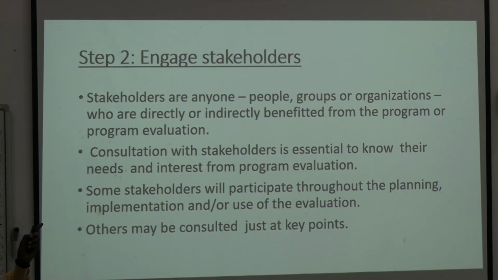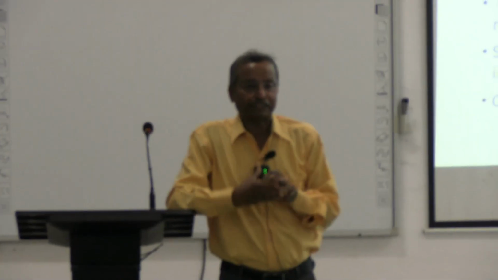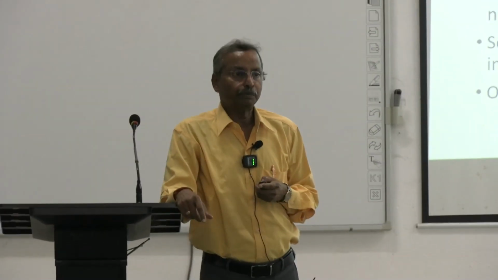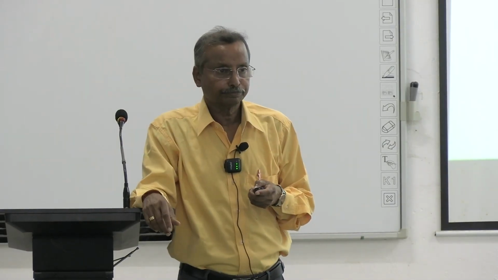You have to engage the stakeholders. Unless you engage them, how can you assess the impact of the programs? Because they are benefited from these programs. So if you do not engage them, how will you know whether the program was effective for them or not?